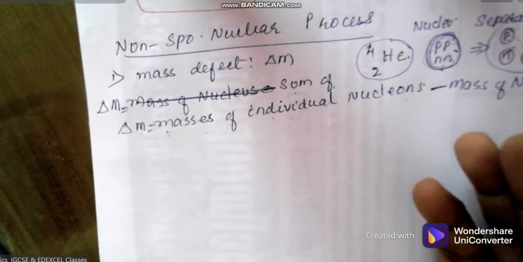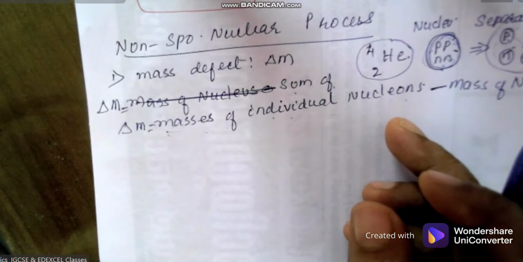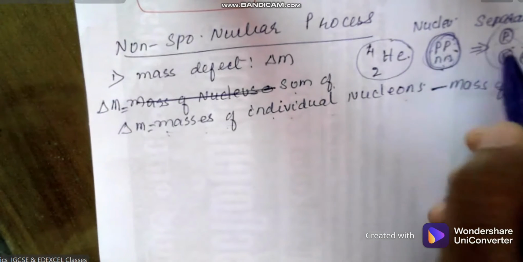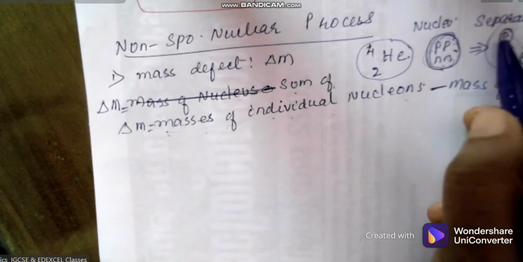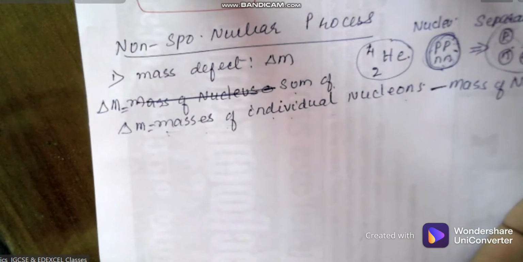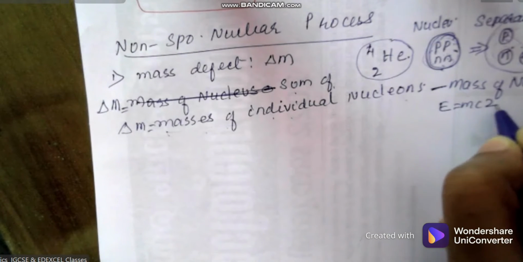Now, why? This is explained by Einstein: when the nucleons join together, some of the energy is released, and that released energy is reflected as a reduction in the mass according to the equation E is equal to mc squared.